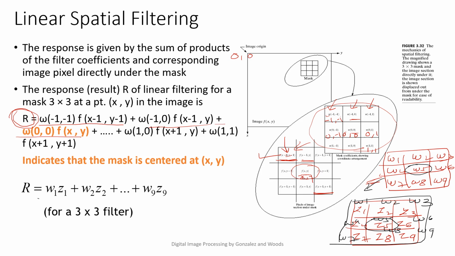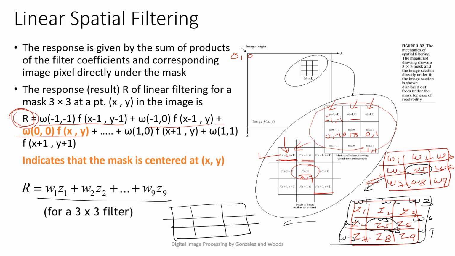So this is what is written here. The new value at the center of the new image, which will also have size 3 by 3, we are trying to calculate. The new value R will be W1 Z1 plus W2 Z2 plus W3 Z3 till W9 Z9.